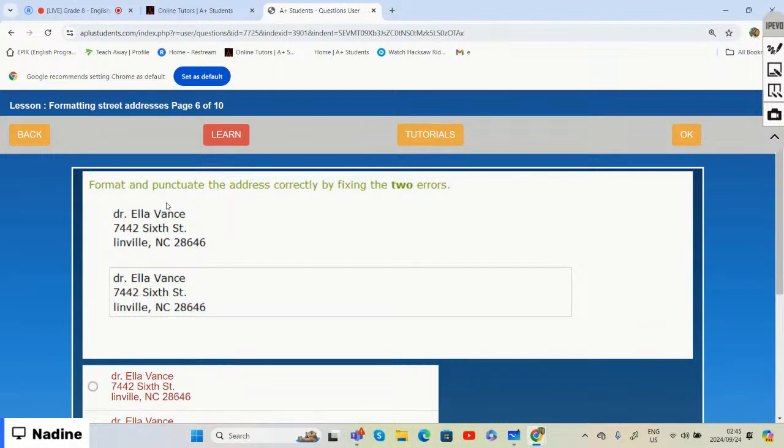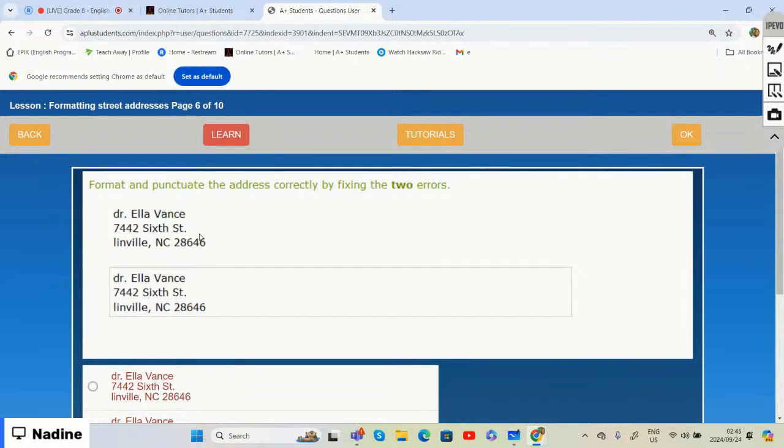All right, we have Dr. Elif, then we have the house number 7442, 6th Street, Linville, NC, and then we have our zip code.